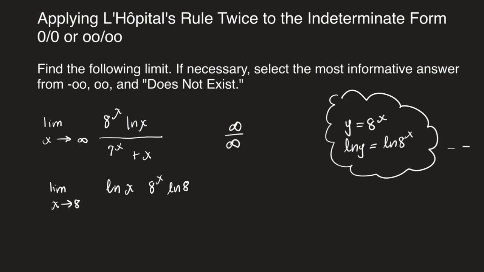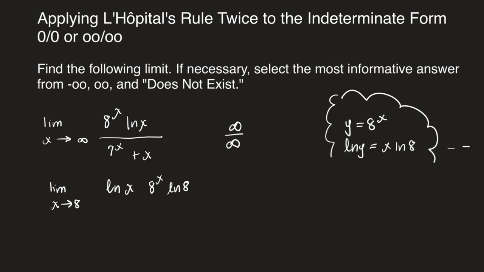But that x power, we can bring that power down. So that's really the same as x ln of 8. So we'll rewrite that as x ln of 8. And then we'll take the derivative of both sides.